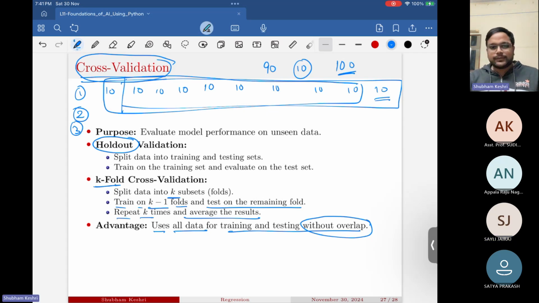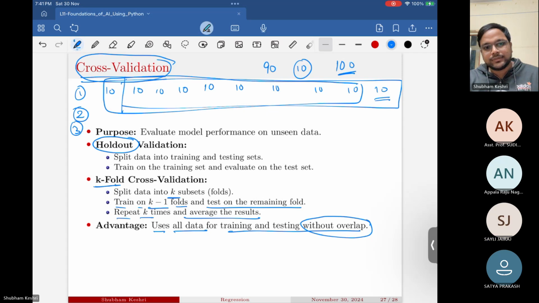Correct. In this case, we will repeat the experiment 10 times. Correct. And the advantage is we obtain 10 different results. Correct. Now we have a set of 10 results.